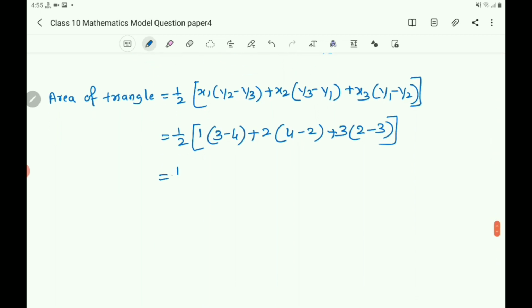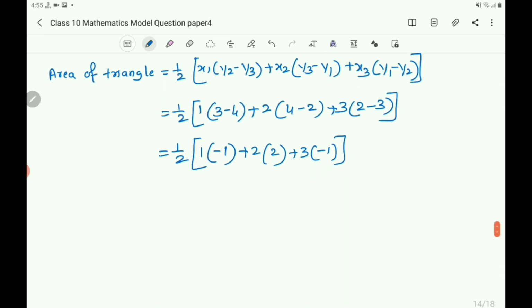Equals 1 by 2 into [1 into (3 minus 4), is minus 1, plus 2 into (4 minus 2), is 2, plus 3 into (2 minus 3), is minus 1]. That equals 1 by 2 into (minus 1 plus 4 minus 3).